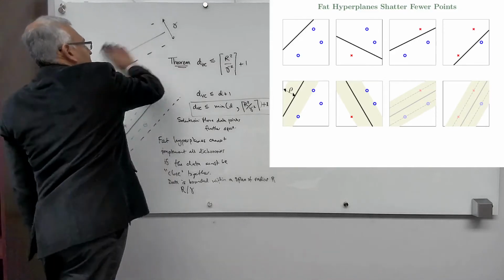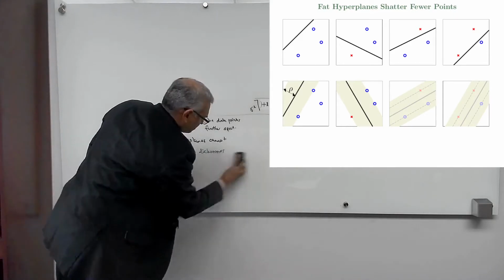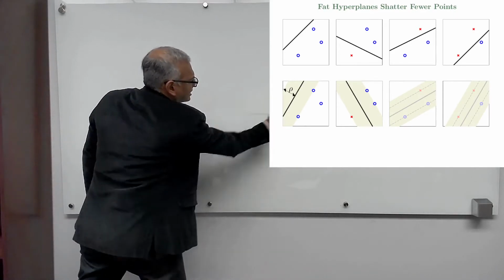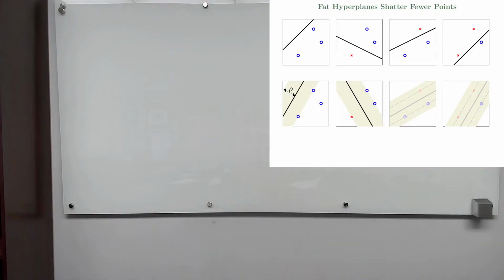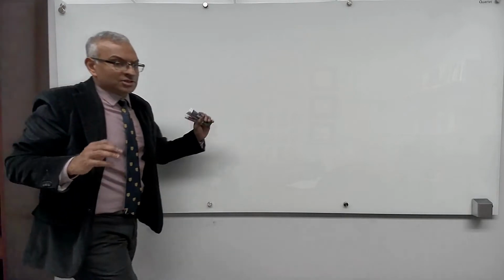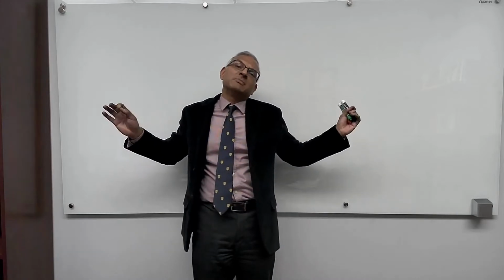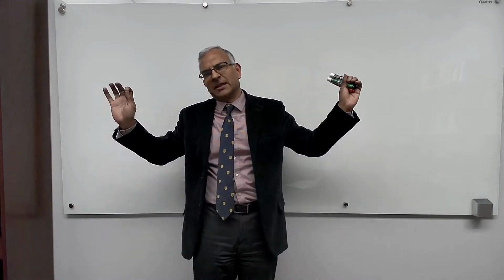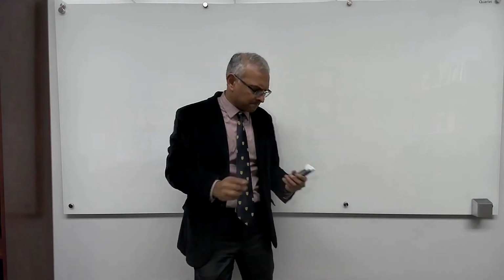So let's erase and talk about the optimal hyperplane, the maximum margin hyperplane, and the cross-validation error. Let's talk about the cross-validation error of this maximum margin, this fattest separating hyperplane. And the result is going to be quite stunning, quite surprising. The miracle of the day.